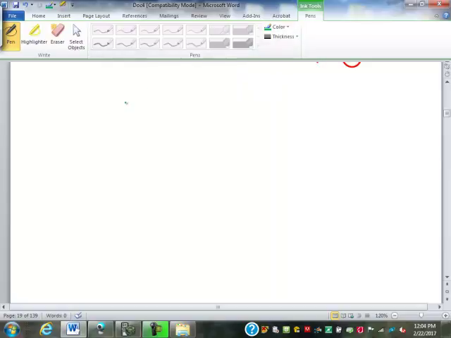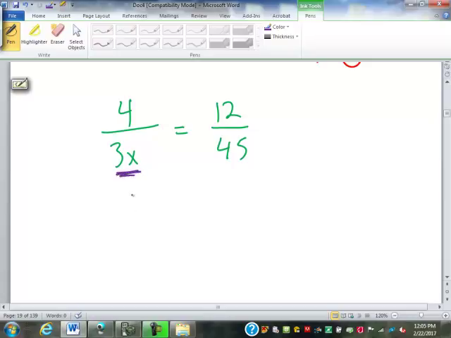For example, we might have 4 over 3x equals 12 over 45. Here, x is not by itself. So we could cross multiply and divide, but we would still have to solve an equation. So here it's easier to just go ahead and cross multiply and create the equation.